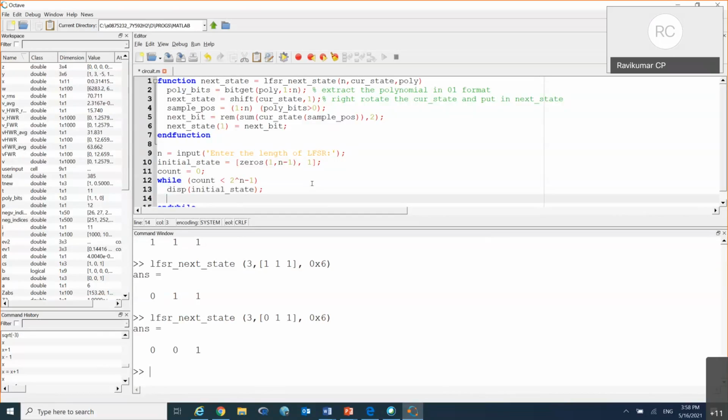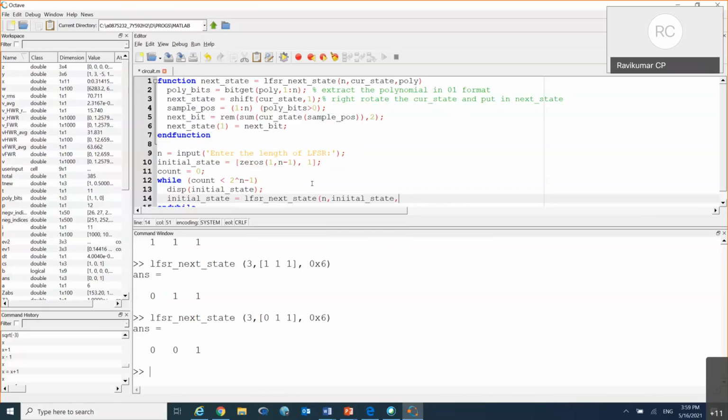And then initial state becomes equal to LFSR next state using n and then initial state.